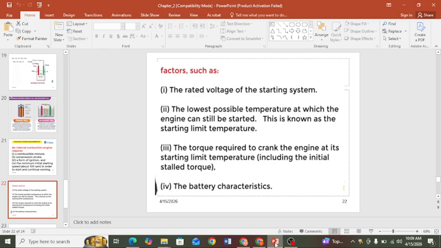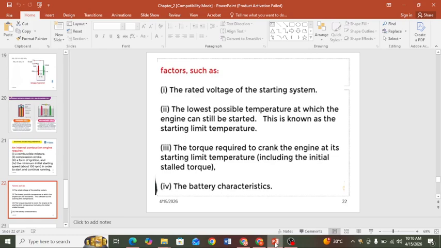The rated voltage of the starting system is the important part of the charging system requirements, with different voltages of 6 volt, 12 volt, 24 volt, or 36 volt, which we keep in series connection or parallel connection. The next is the lowest possible temperature at which the engine can still be started.